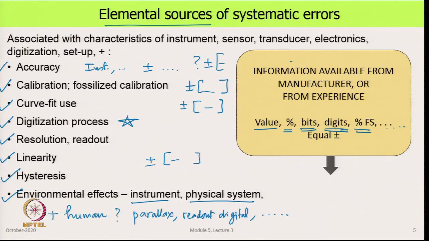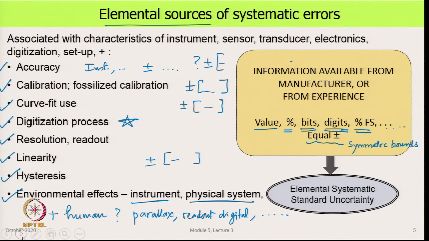So, that is how this data is coming to us from the manufacturer or from somebody else. We assume that these are equal on the plus minus side, that means these are symmetric. We call it symmetric bounds, and our job now is to use this information to calculate the elemental systematic standard uncertainty B x i bar comma j.